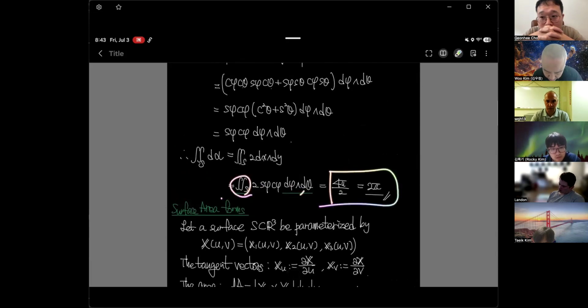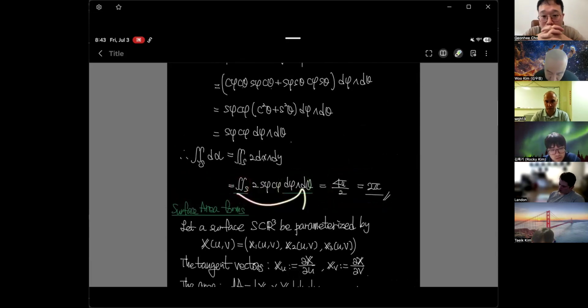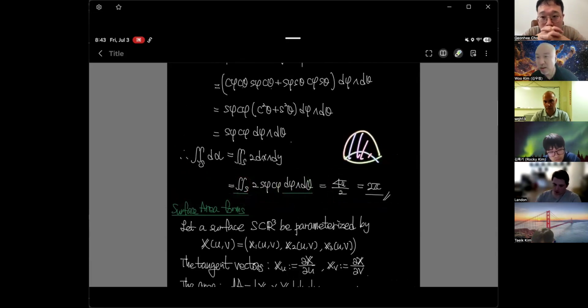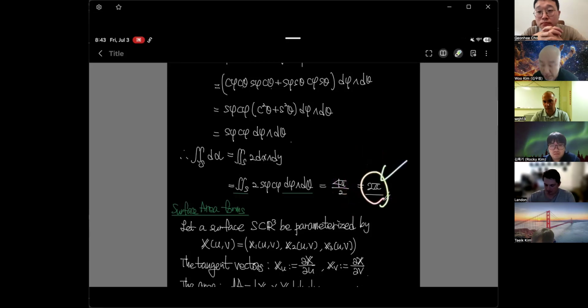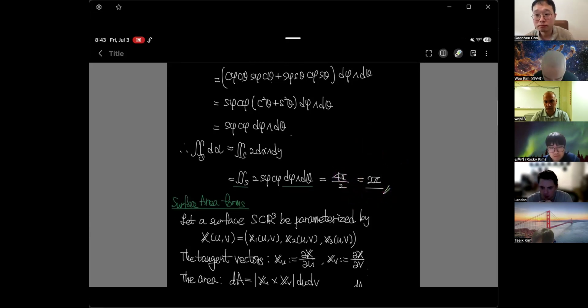So this means the unit surface area, but we consider just a hemisphere, right? So just the whole unit sphere of surface area times just 2, and we have 2 pi as the same value. Okay.